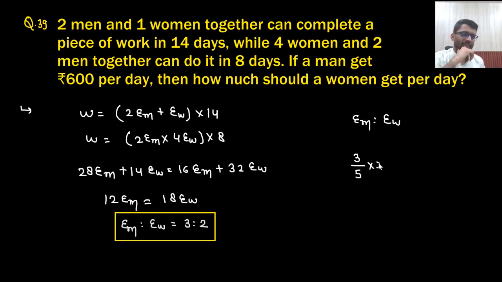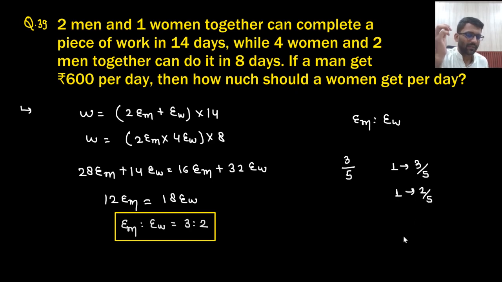If there are x rupees, man is getting 3x by 5 rupees, right? If there was 1 rupee, man would be getting 3 by 5 rupees and woman would be getting 2 by 5 rupees. So if man is getting 600 rupees, how much is woman getting?